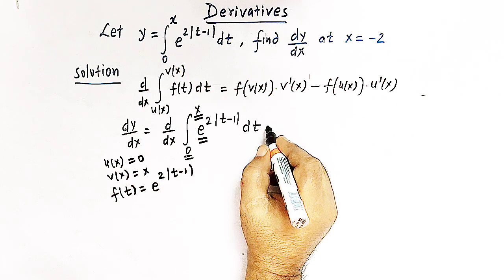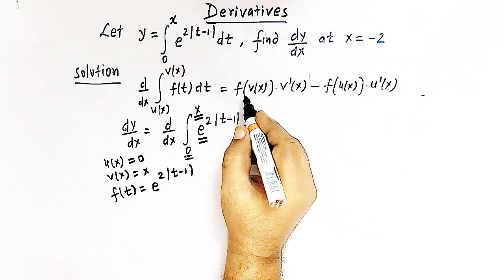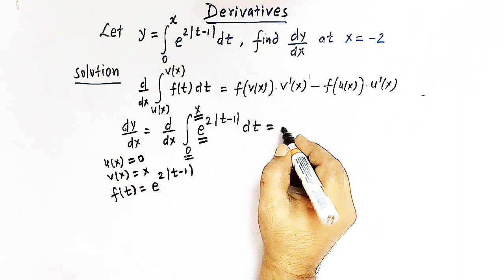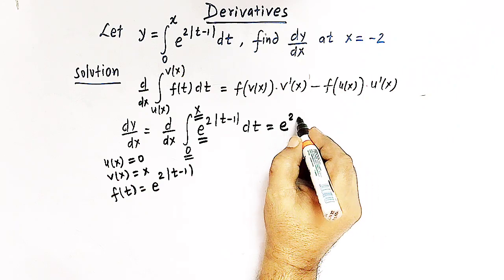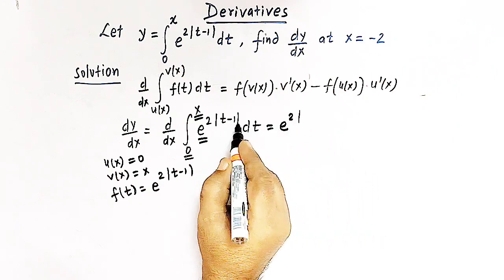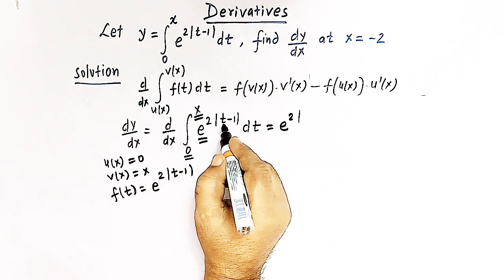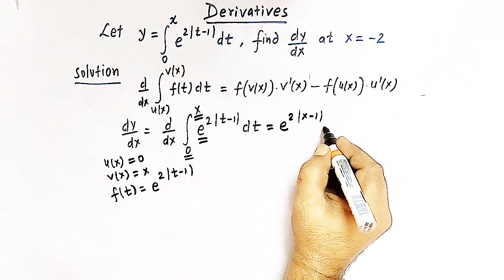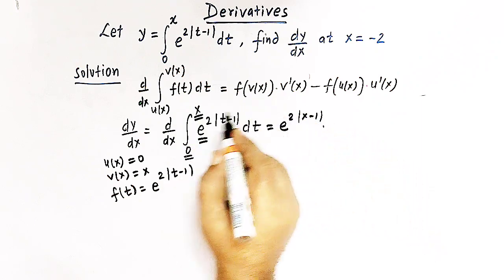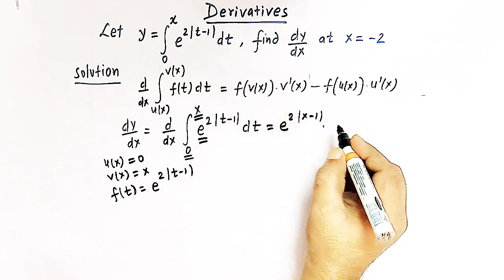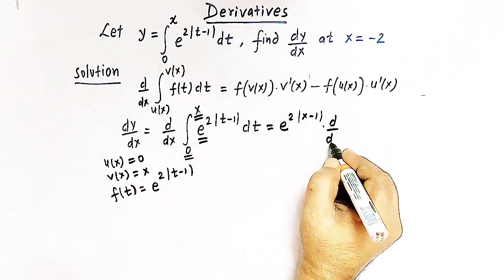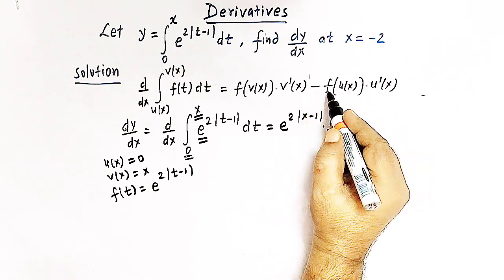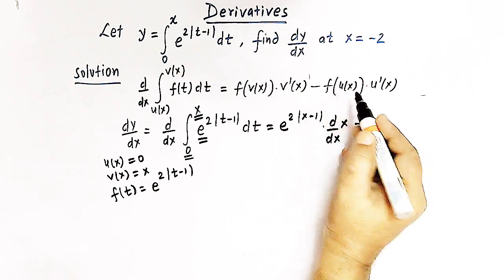So now we can write f of v of x. We have e raised to 2 times mod of t minus 1, and we replace t by x, so we have x minus 1, and then we differentiate x with respect to x, so we have d by dx of x. Then we have the negative sign. Then we have f of u of x.